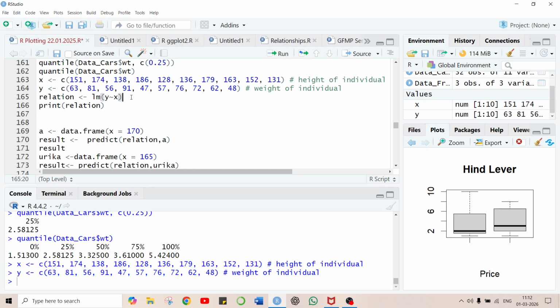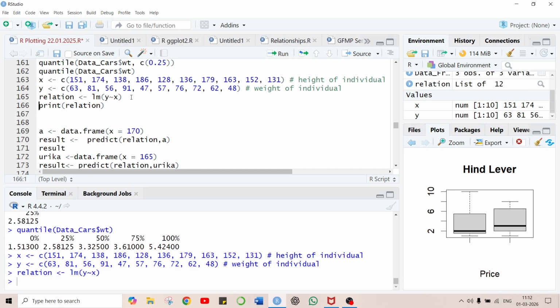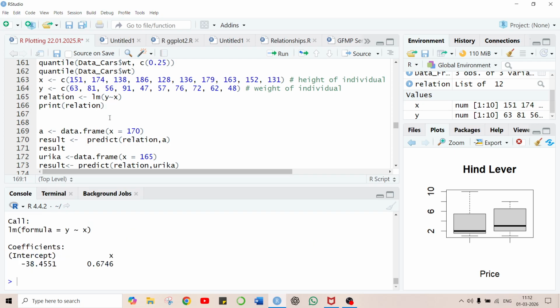So we're building a relation between y and x. Above the tab button you have that notation, which is a curved line. So y on x, where y is the dependent variable and x is the independent variable. Now we are printing the relationship.